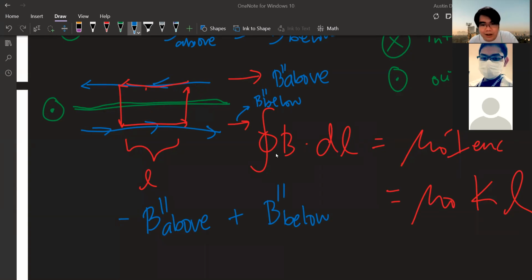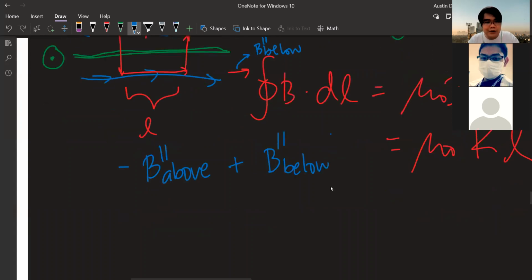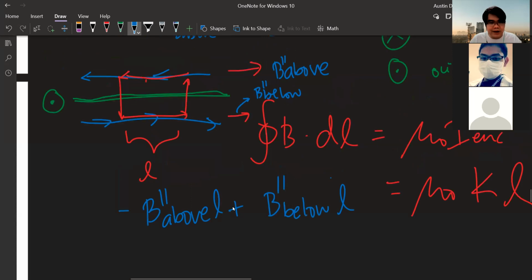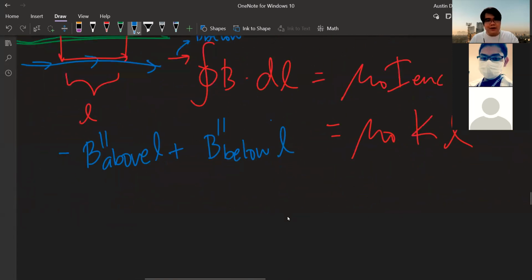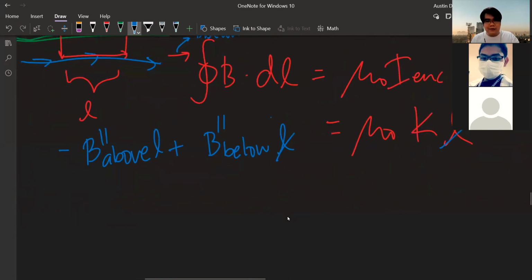Mumultiplyan mo siya ngayon ng length L. Of course, para makuha lang yung parts na kailangan mo. Though, cancel lang yung L mo.